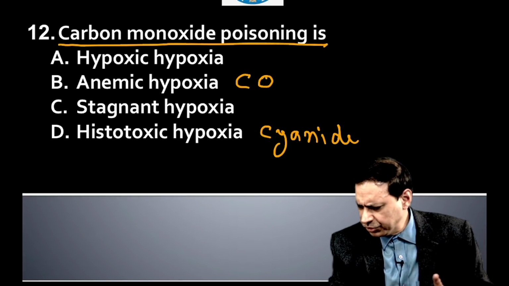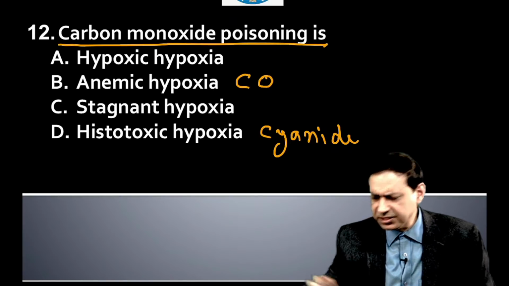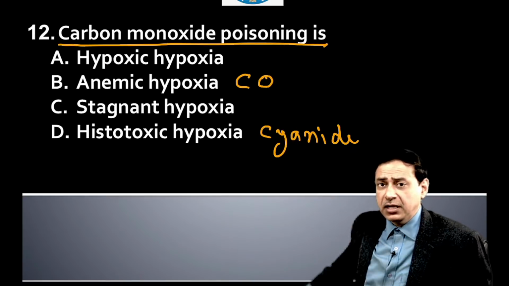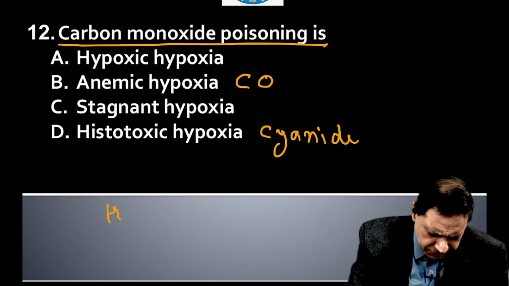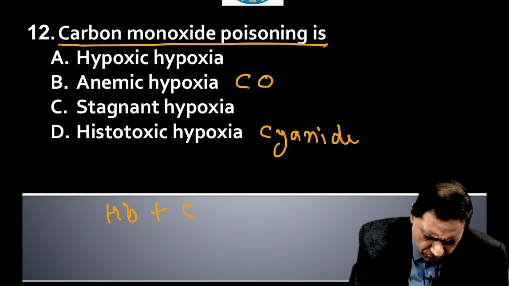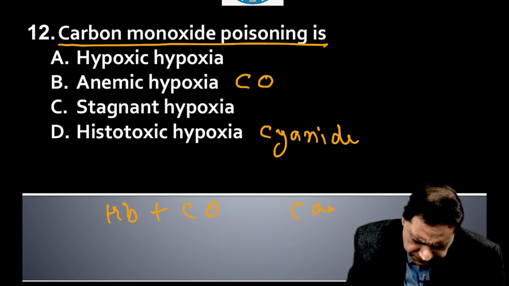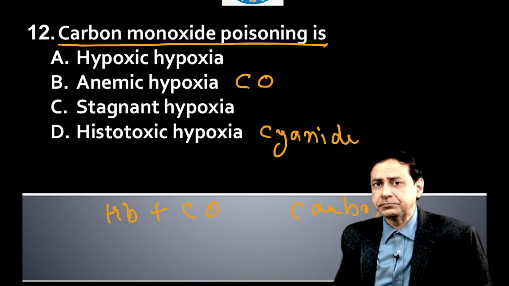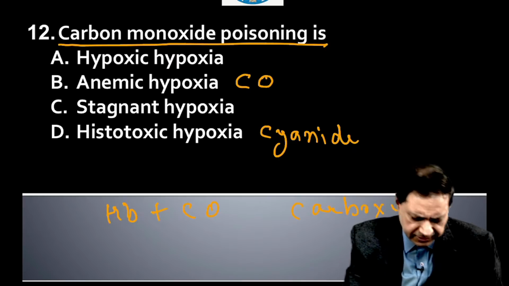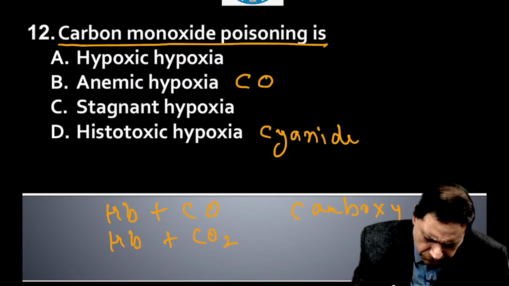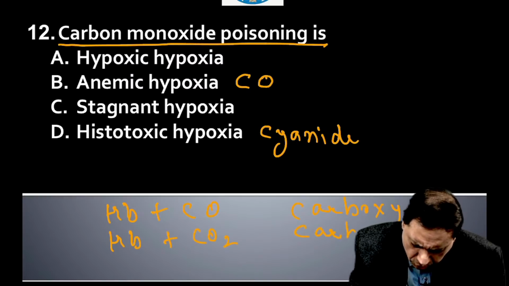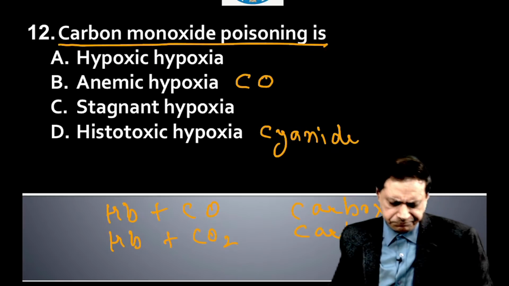It is not methemoglobin, Ravi Sharma. When this combines, we call it carboxyhemoglobin. Hb plus carbon monoxide, this is carboxy. Hb plus CO2, this is carbaminohemoglobin.